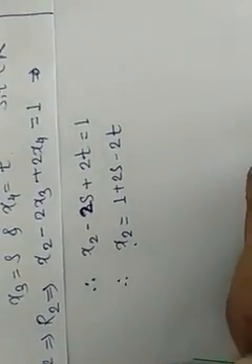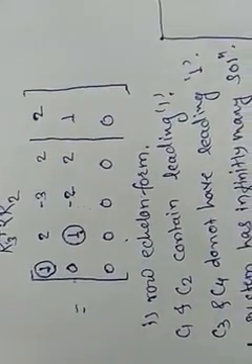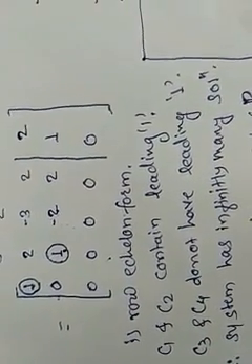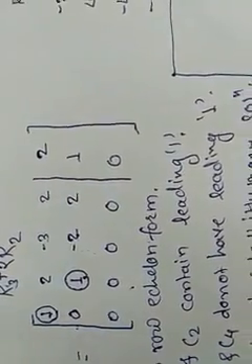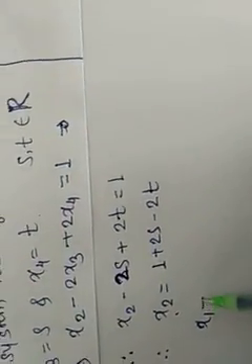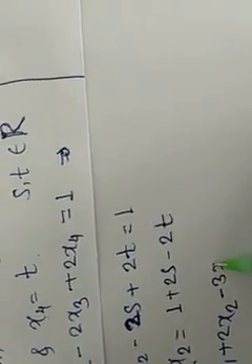Now from the first row of the above matrix, we can write x1, since its first coefficient is 1. The next coefficient is 2, so plus twice x2. The next coefficient is minus 3, so minus 3x3.